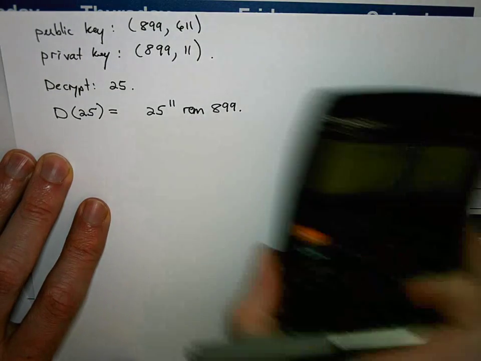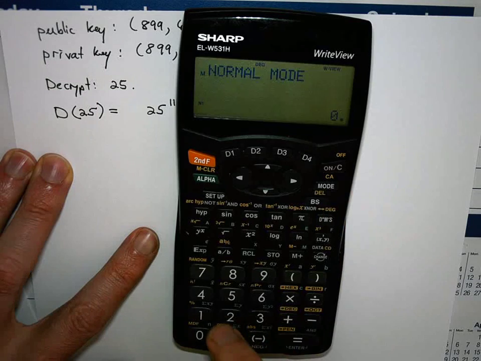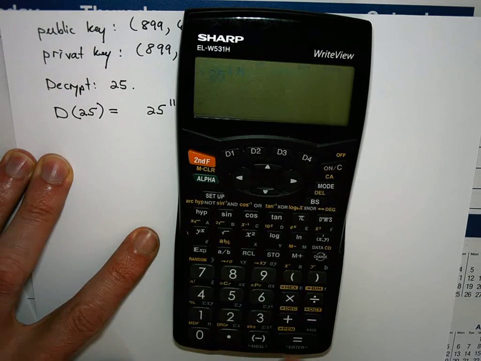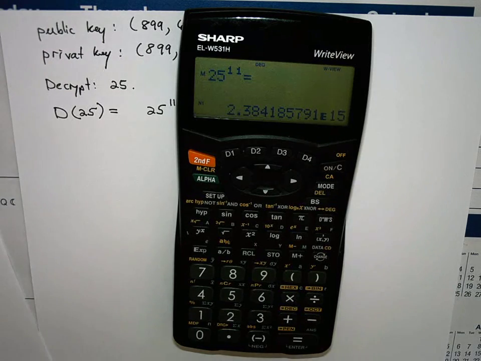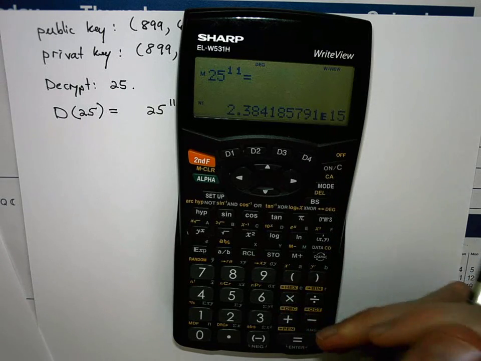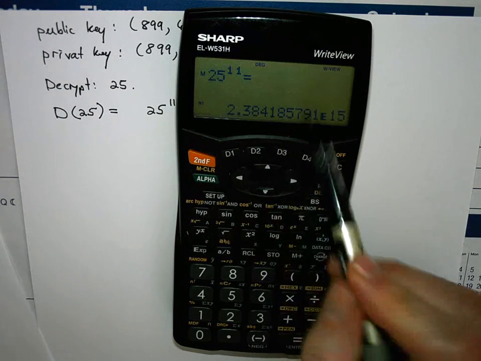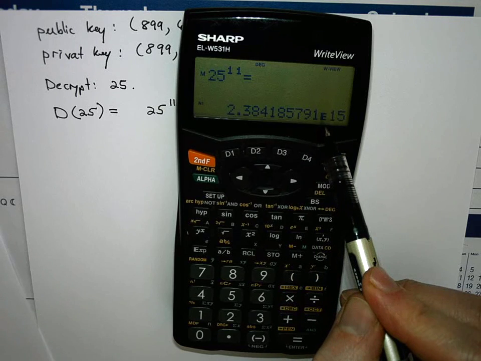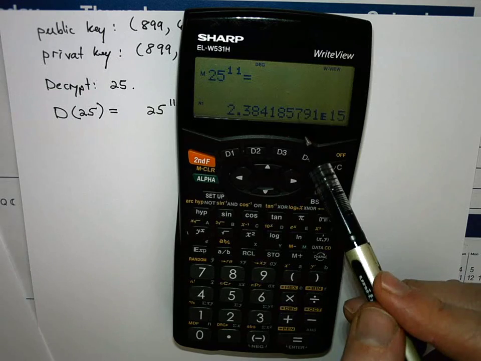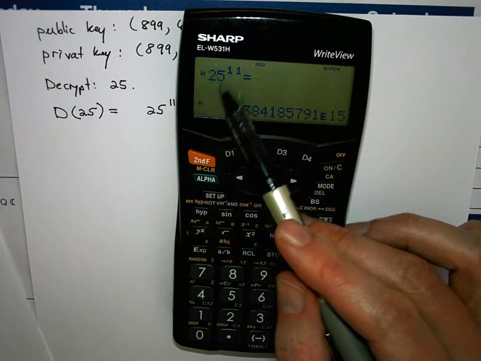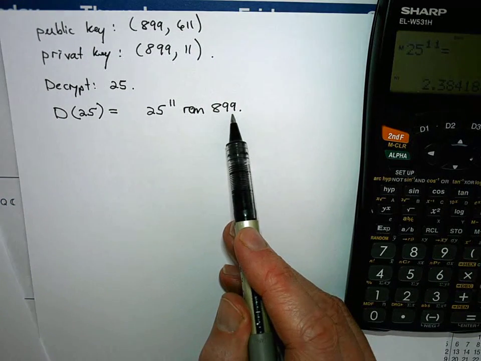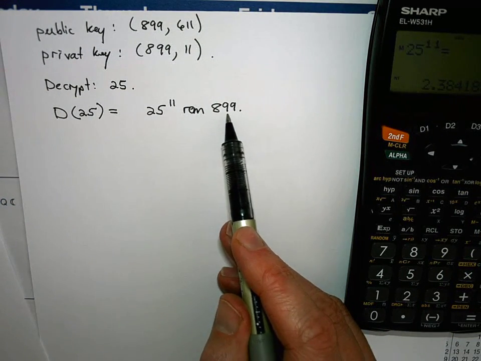Now if you punch 25 to the power 11 into your calculator, you get something enormous. Unless your calculator has a mod function, you're going to have some trouble calculating this directly. If you punch it into the Windows calculator on your computer, 25 to the power 11 mod 899, it should give you an answer of 749.